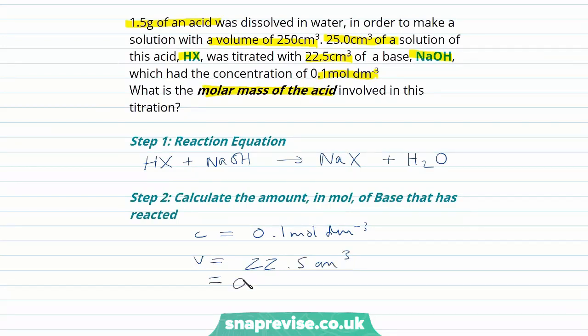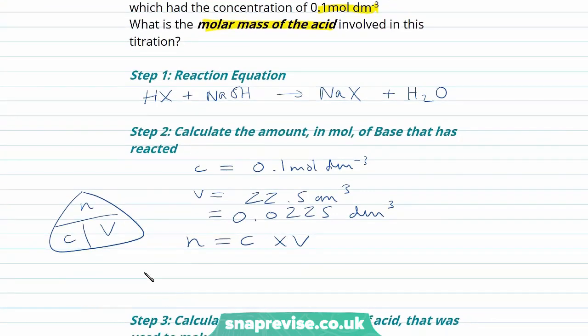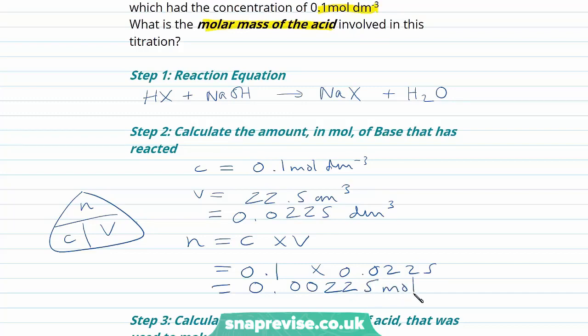That is equal to 0.0225 decimetres cubed. So we can write out our reaction pyramid that the number of moles is equal to the concentration multiplied by the volume. The concentration is 0.1 moles per decimetre cubed and the volume is 0.0225, giving us 0.00225 moles of base that has been used.